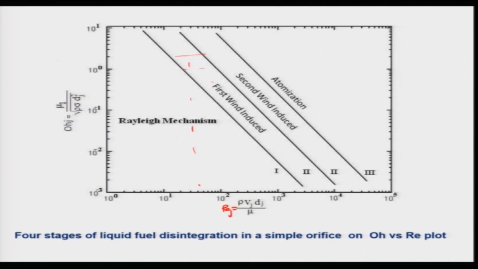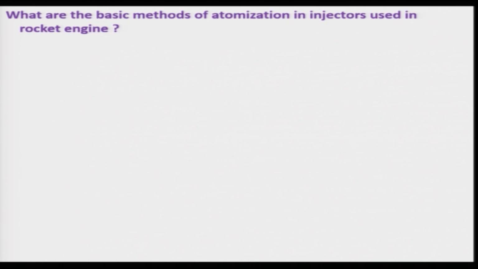So, we have seen 4 stages of liquid fuel disintegration in a simple orifice, and of course, one can go for a little more complex one, but keep in mind that we use a simple orifice in the case of rocket engines, and we will also be using other methods of enhancing the atomization process in rocket engines. So, the question arises: what are the basic methods of atomization in injectors used in rocket engines?